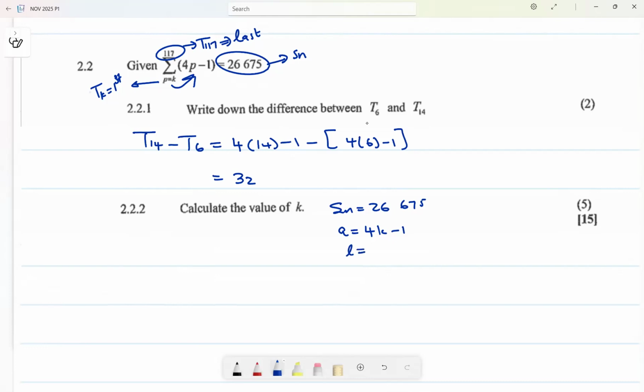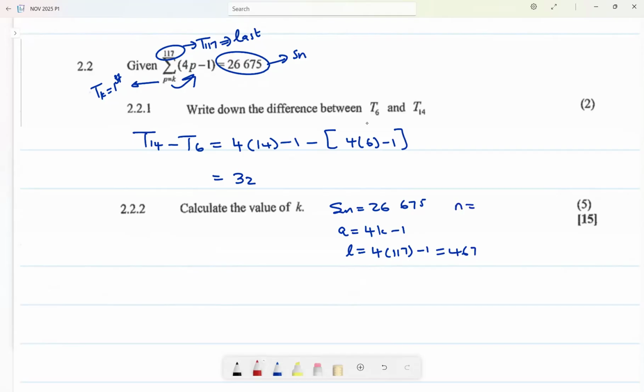The last term, what is it? I substitute this value onto the formula, so it's going to be 4 multiplied by 117 minus 1. I get something like 467. And then N, the number of terms.